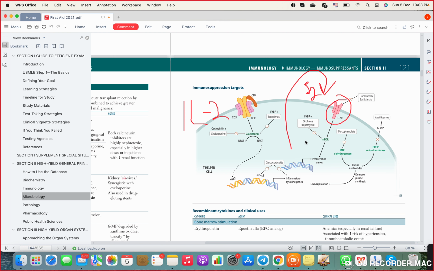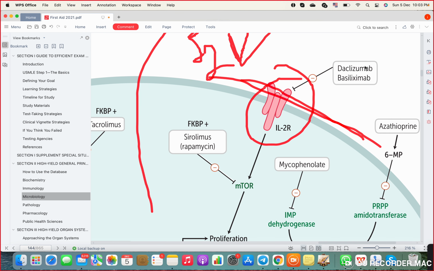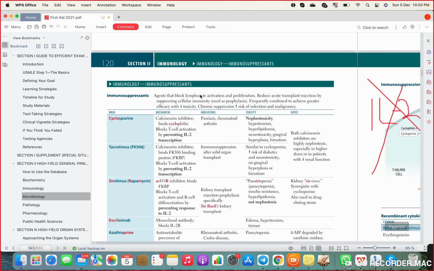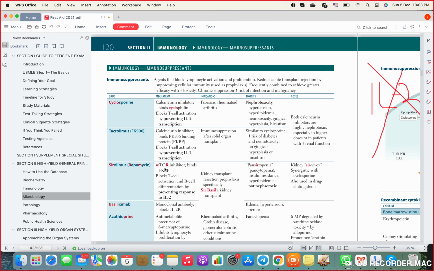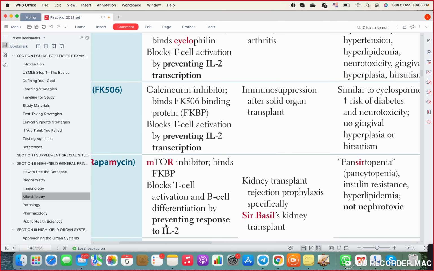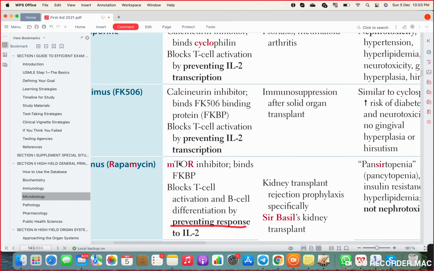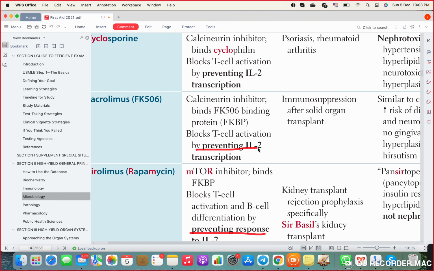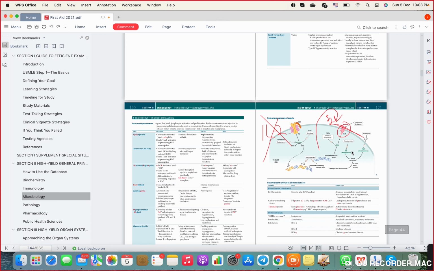So you can prevent either the production of interleukin-2 with all of these calcineurin inhibitors, or use a drug that inhibits the receptor itself, like basiliximab or sirolimus. Sirolimus also works on FKBP, but here the difference is it prevents the response, while these guys prevent the transcription. Yes?